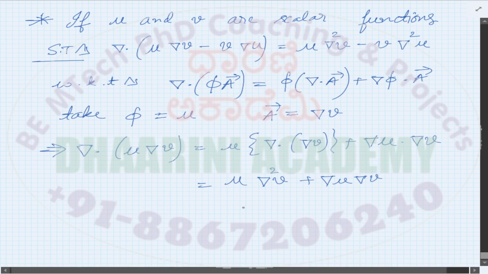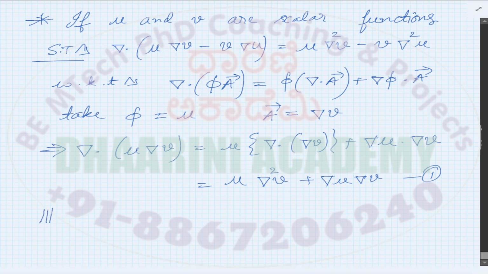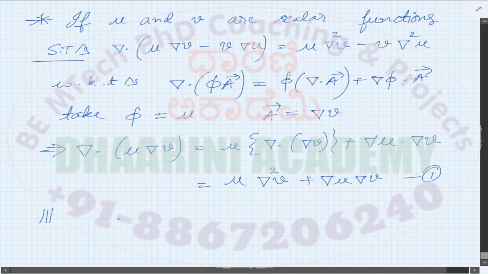Now this is the first part, I'll call this equation 1. Now without doing the calculation once again, I can write similarly del dot of v times del u is equal to, rewriting in a very similar fashion like equation 1, v times del square u plus del v dot del u. This is equation number 2.